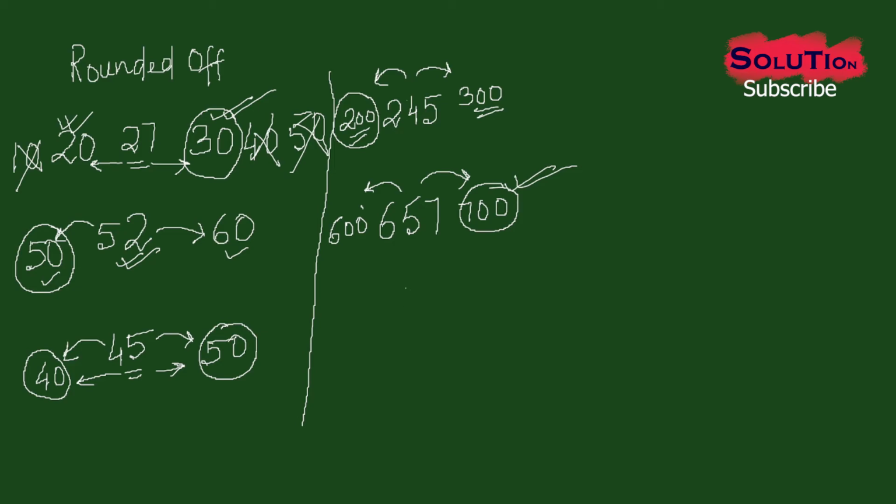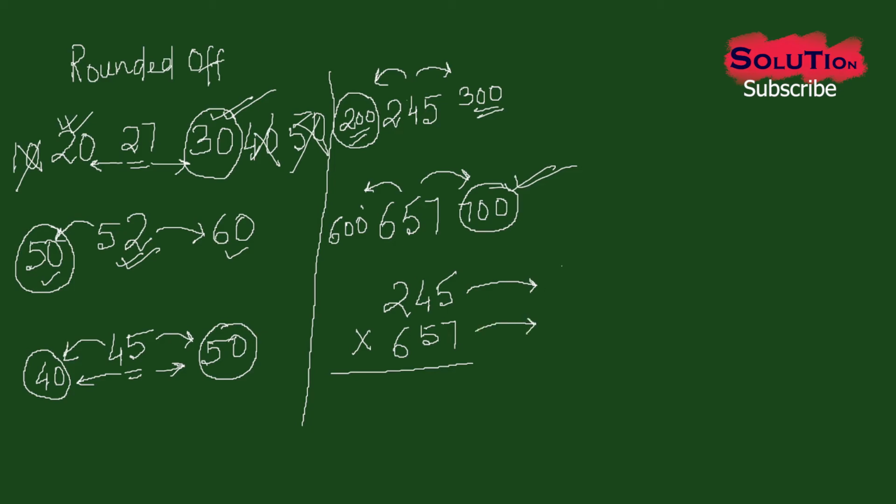Now let us take one example, it will make things clear. Suppose we are multiplying 245 and 657. It looks very complex and time consuming if I try to multiply it directly. But now I will round off both these numbers.